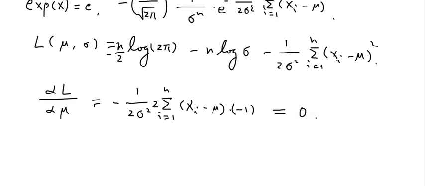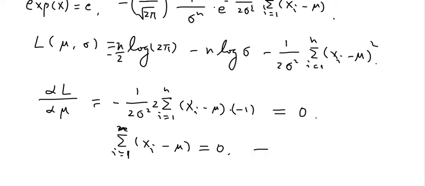Okay, so we let this equal 0. The constants drop out, so we get the summation of (xi minus mu) equals 0. So what is mu?